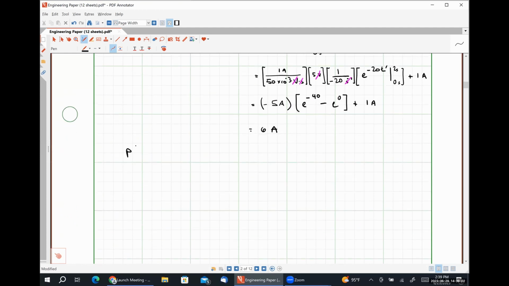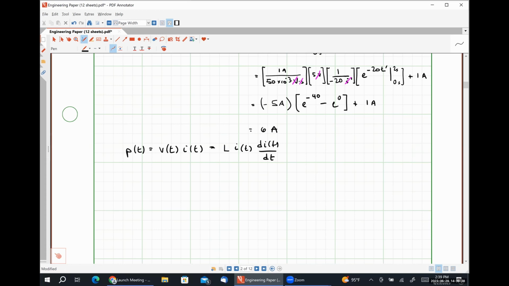So the power absorbed by an inductor is hopefully very unsurprisingly simply going to be the product of the voltage across the inductor and the current flowing through the inductor. We can rewrite this equation though as L I times di by dt, since L times di by dt is simply the voltage.